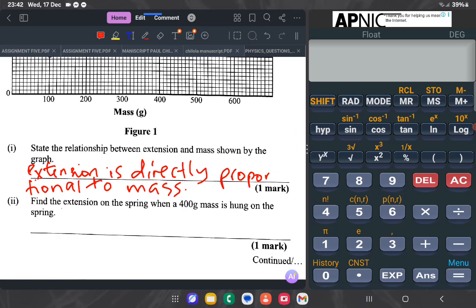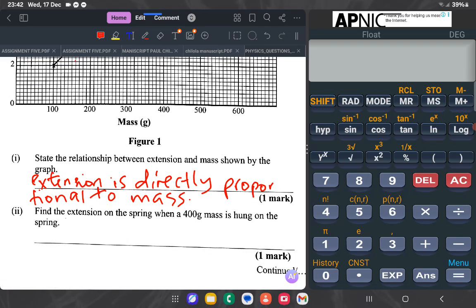That's a direct relationship. So you can also say, as mass increases, extension also increases. That is also a relationship.